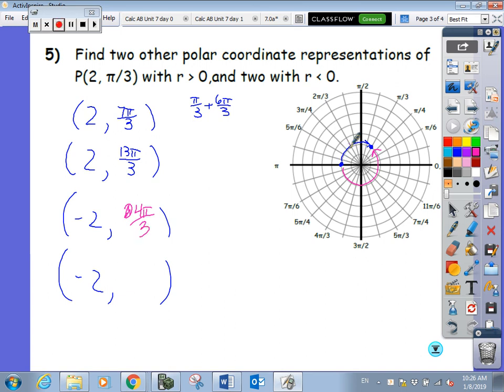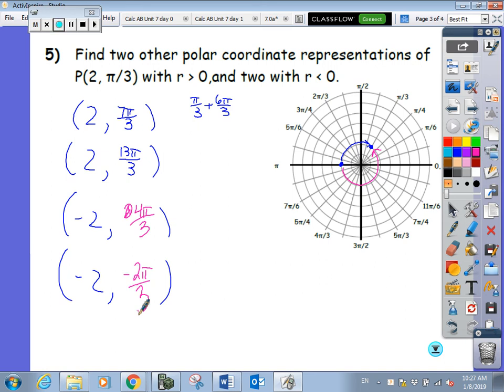Or you could have done the blue, and that you went 2 pi over 3, but we went in a negative direction because that was clockwise. So we could have said -2 pi over 3. Or you could have just added 2 pi to the 4 pi over 3 and got 10 pi over 3. That would work also. There are lots and lots of correct answers for these.